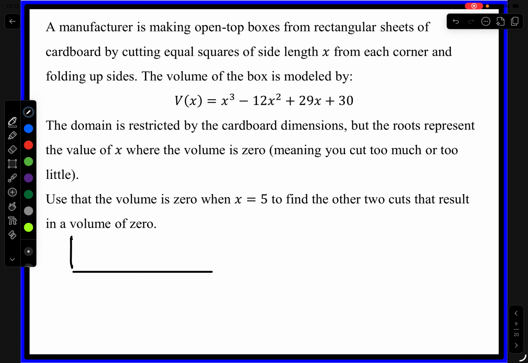Trying to draw straight lines here. We're going to use 1, negative 12, negative 29, and 30. And the number, because we're using synthetic division, is going to be this value right here, 5.